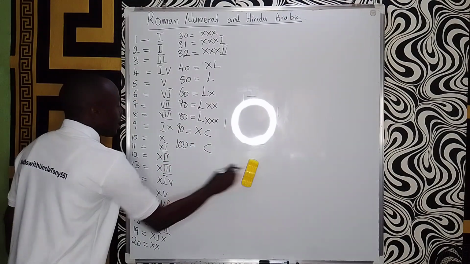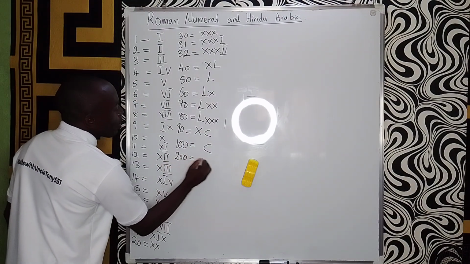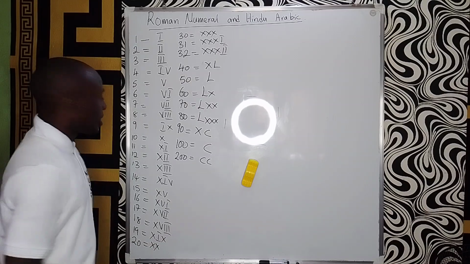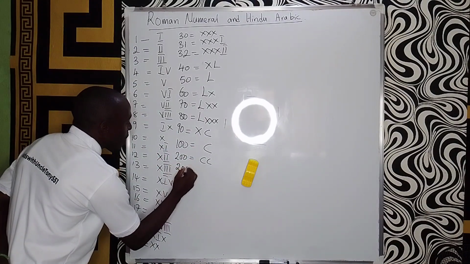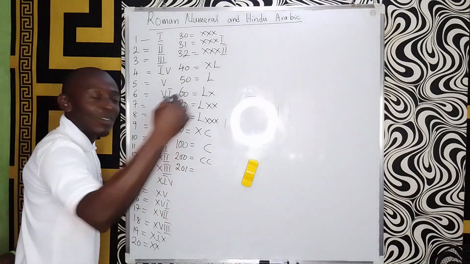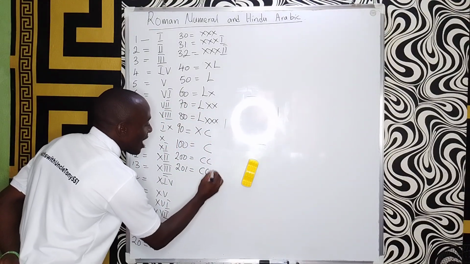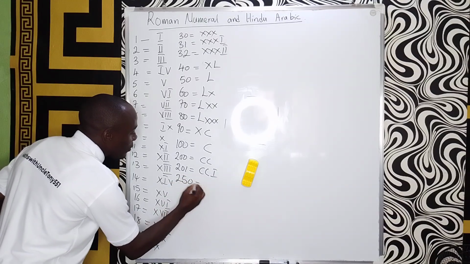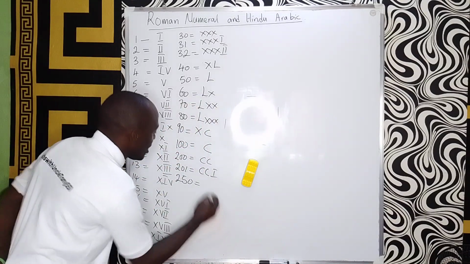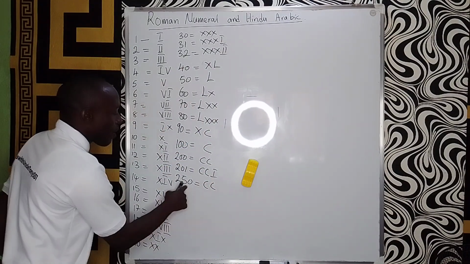Now, what about 200? 200 will be CC. What about 201? That is CCI. What about 250? That is 200, then I'll add 50.